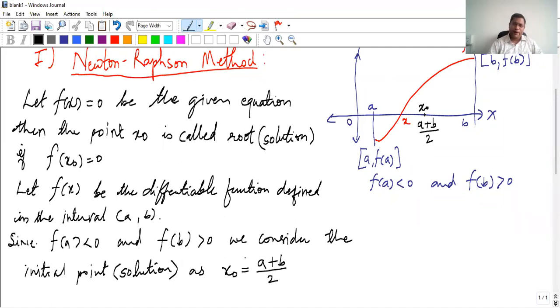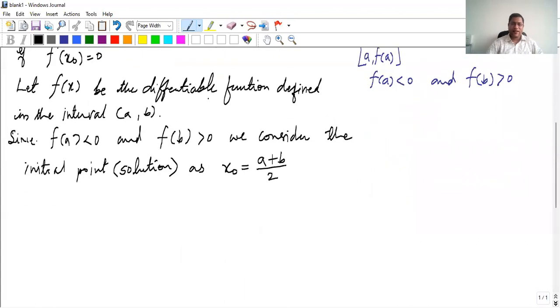Now, once we know x0, how are we going to calculate the next x1?